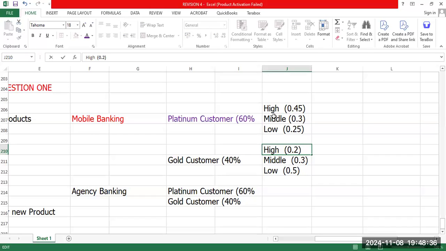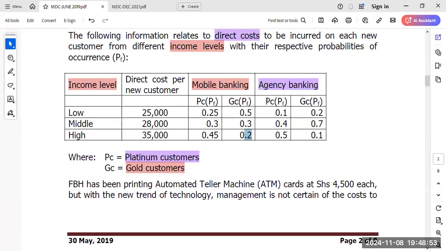There is a reason why I'm trying to summarize this. So I also handle agency banking. Under agency banking, you also have a platinum customer and a gold customer. Now I don't want to do this again because I have interpreted the first one.